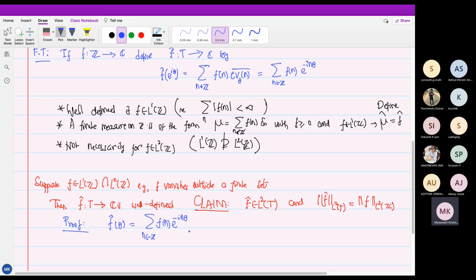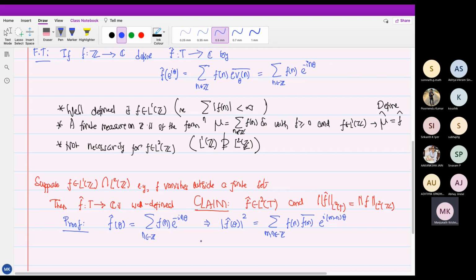That's how I define it. So if I take the square, I get a double sum over m and n in integers, f of n, f of m conjugate, e to the minus I n theta plus I m theta, so e to the I into m minus n theta.